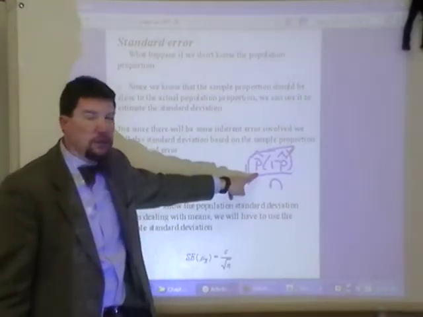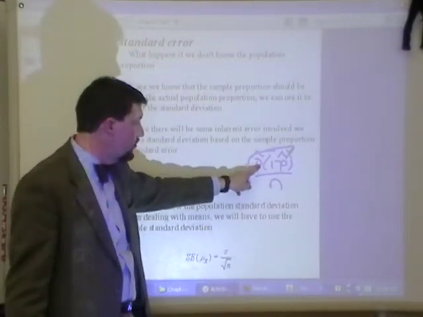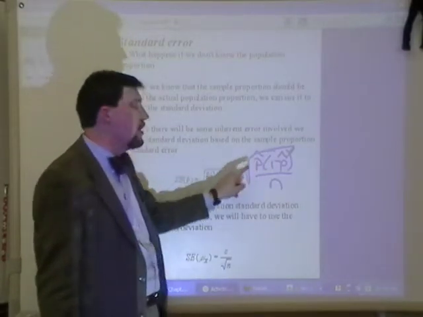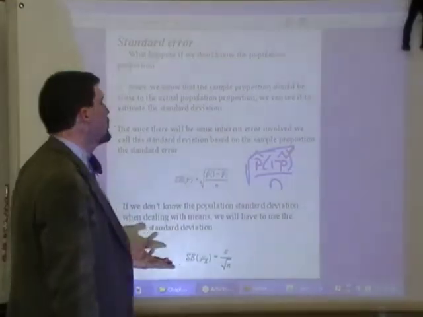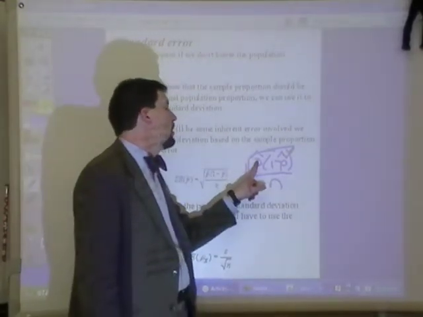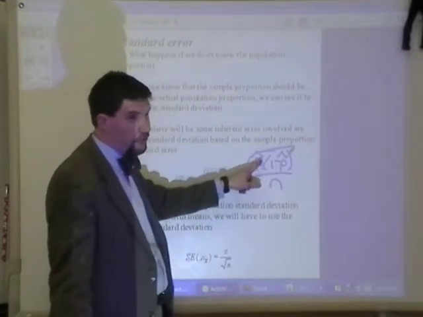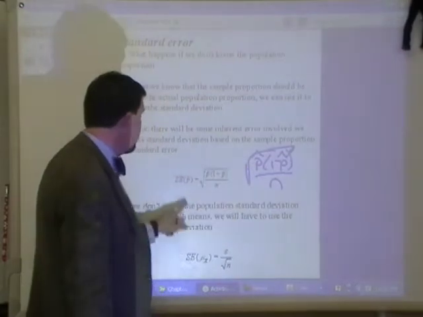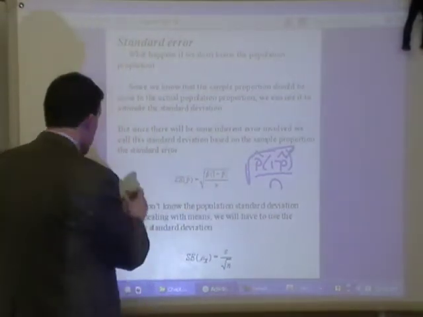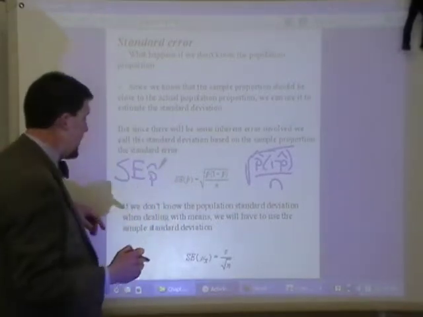But it's probably going to be wrong, because this is just one sample, and the sample value is not necessarily going to be the true population value. But it should be fairly close, I would guess. I mean, sampling error is going to occur, but it's the best thing I've got to go on. So instead of calling it standard deviation, we call it the standard error. And for this situation, it's the standard error of P hat.